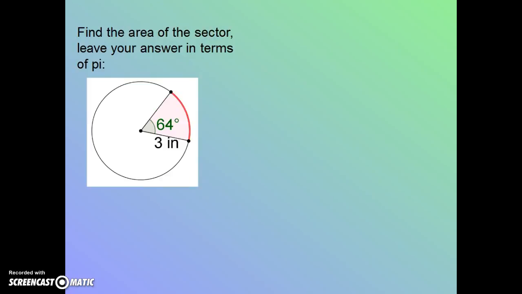Let's go ahead and look at one example with that. Find the area of the sector, leave your answer in terms of pi. So we're going to use this formula: area equals pi r squared times the measure of the central angle divided by 360. In this case, it's telling us to leave our answer in terms of pi, so I'm going to leave pi as the symbol for pi.